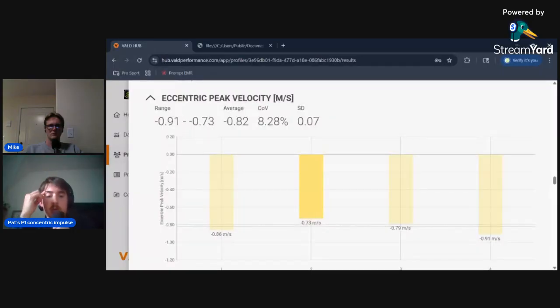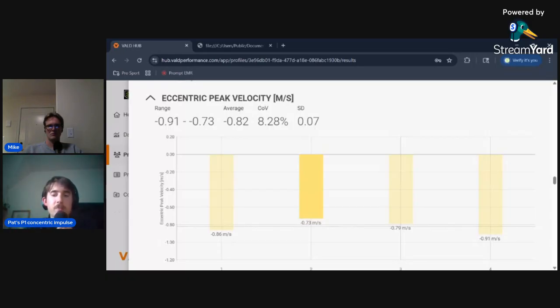There's a really good article by Daniel Bove that talks about different metrics for counter movement jump. In it, he states that a 1.20 meter per second peak velocity, noted as negative, is the standard metric you're looking for to make sure this person is moving fast enough to show the braking ability is sufficient.